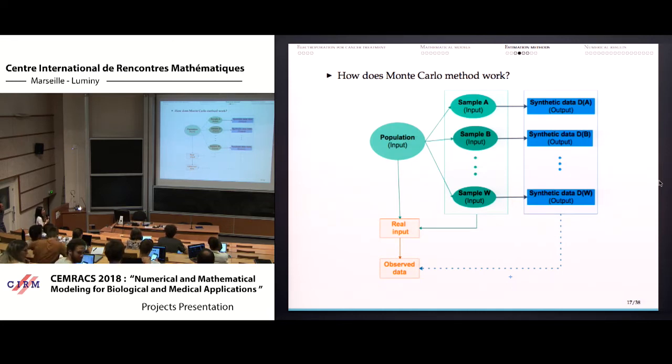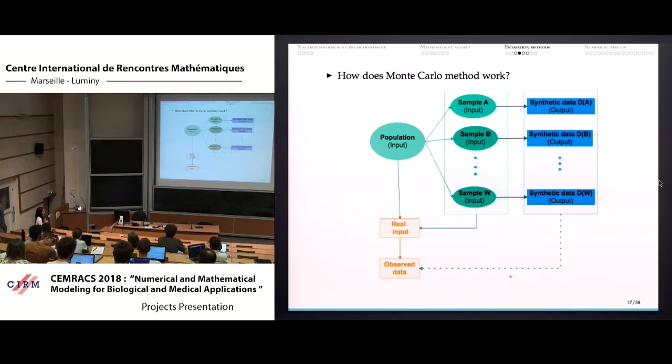When we get the synthetic data, we have a comprehensive view of the possible outputs from our input and the solutions of the problems.